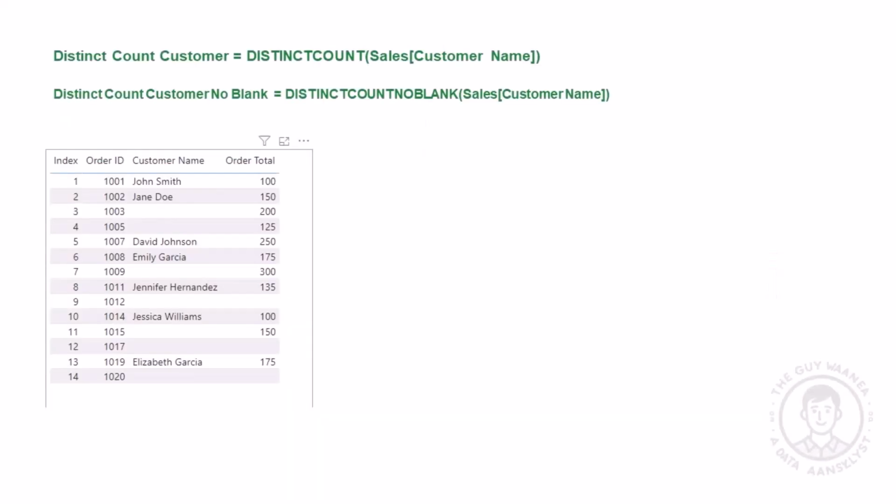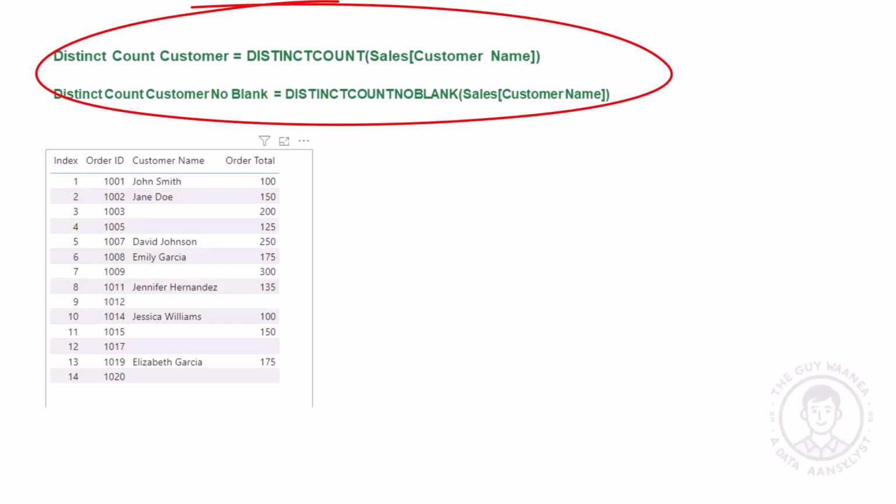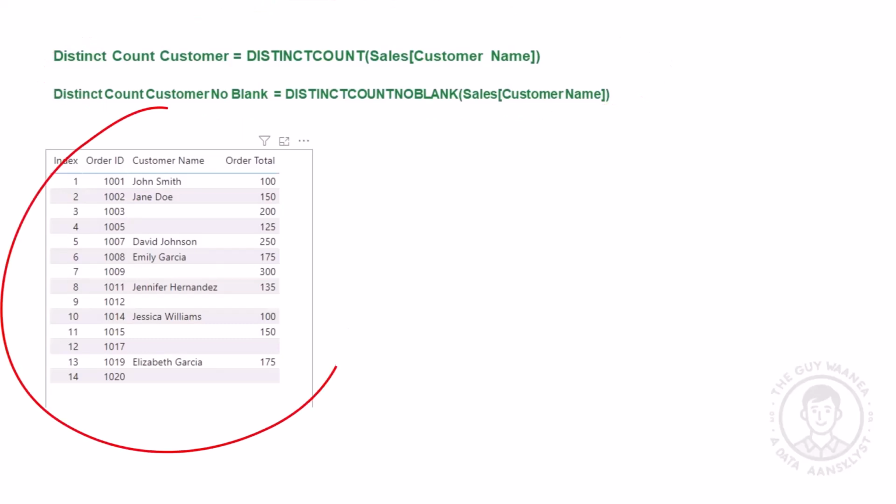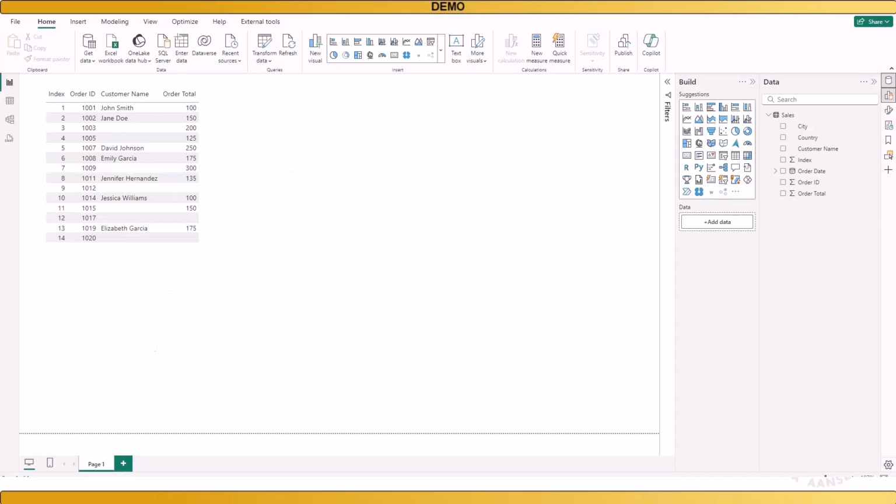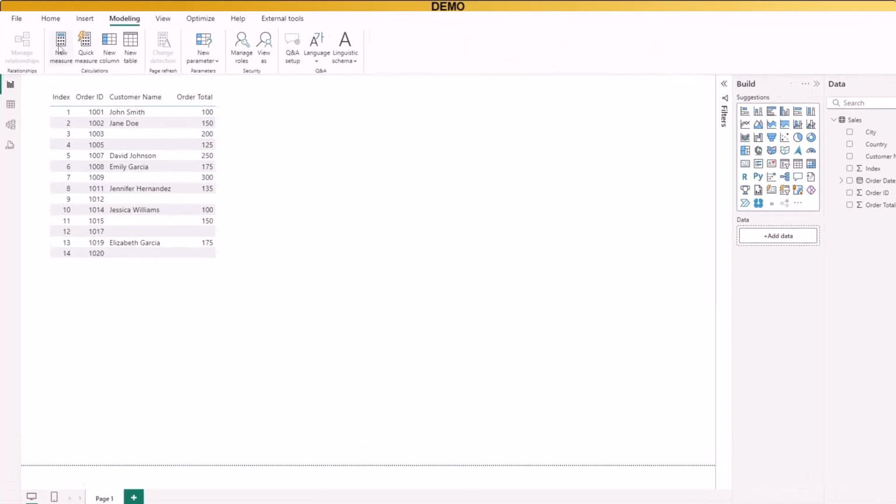Now, let's take a look at these two syntaxes we'll be using for this demo. We'll explore how they differ from each other. I've also prepared a table to make it easier to see the differences in the results of the measures. Now that we're back in Power BI, let's start creating the measures.